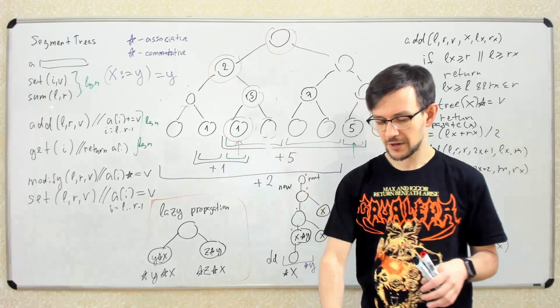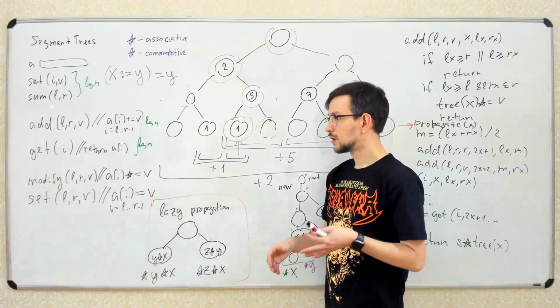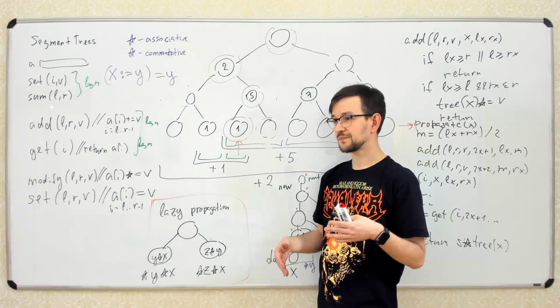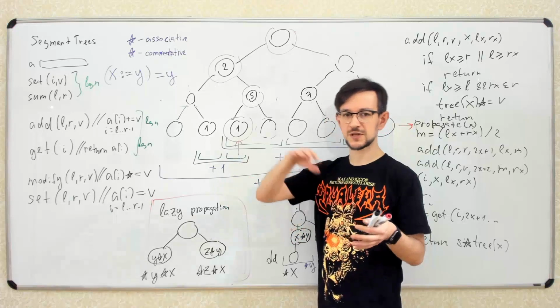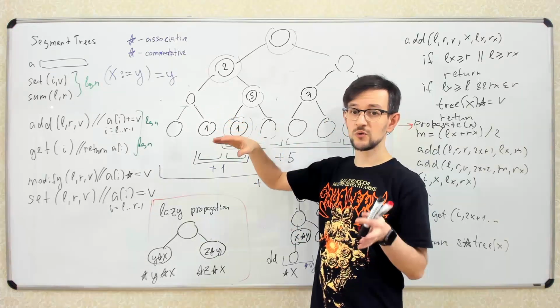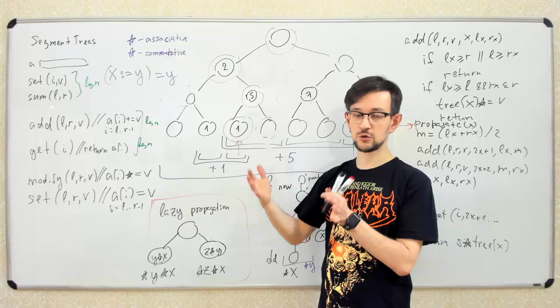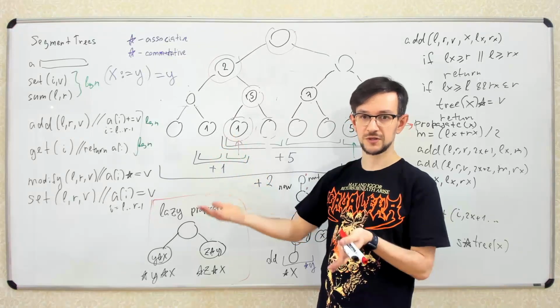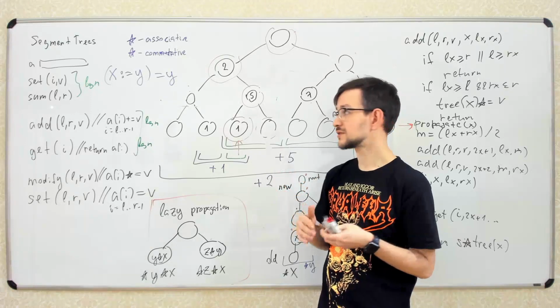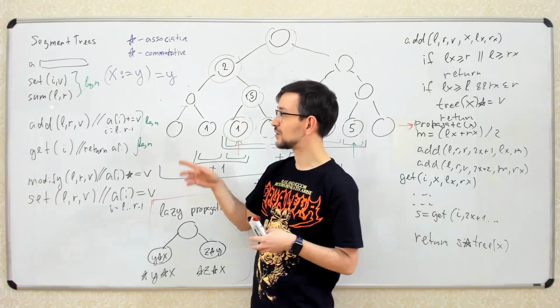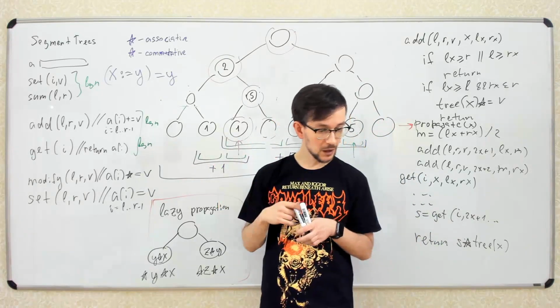Sometimes it comes, like in the chemistry problem, from monotonicity of something. If something is monotonic, then the set of elements you need to change forms some segment of this array. Not always, but sometimes it works. If it's not working, then you have some problem.